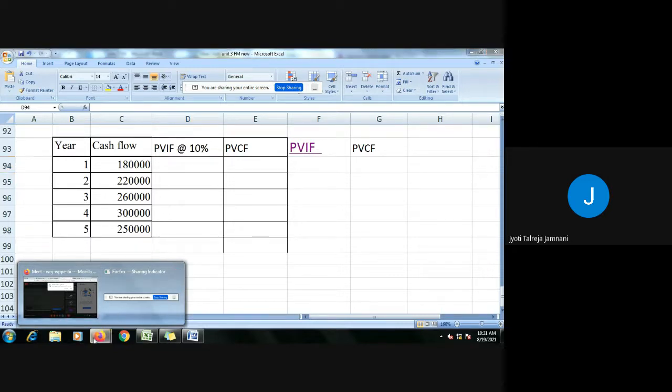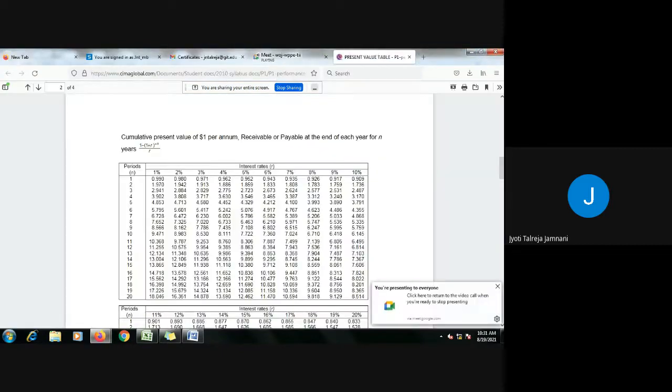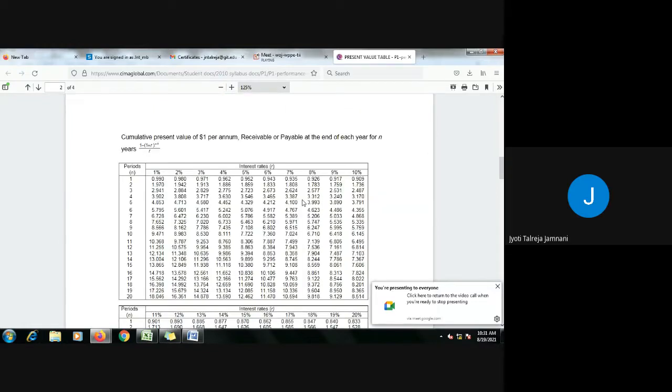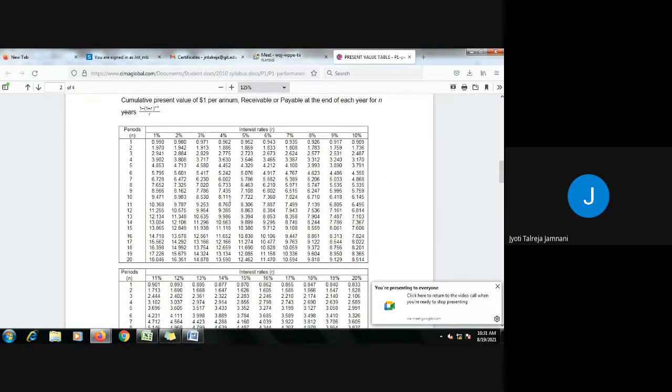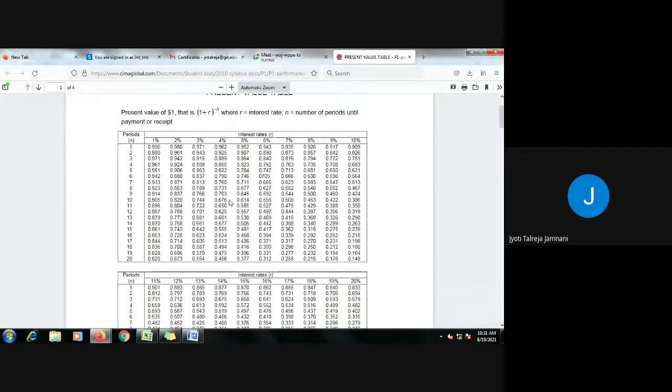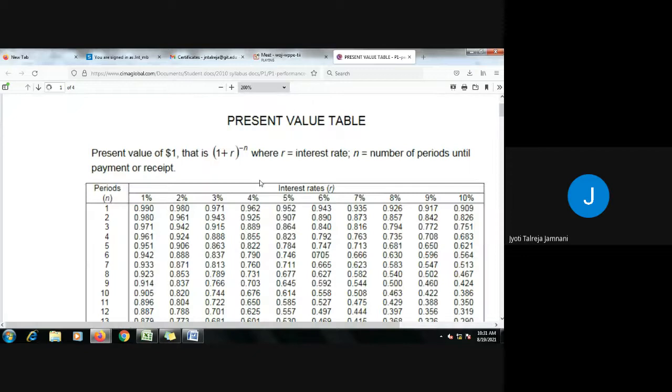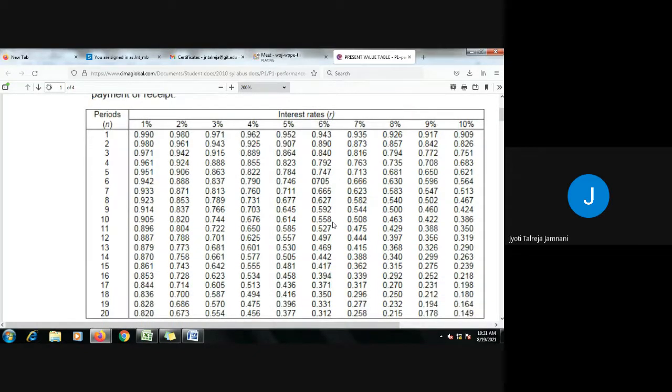Just a second. Zoom it. Is it visible for all of you?